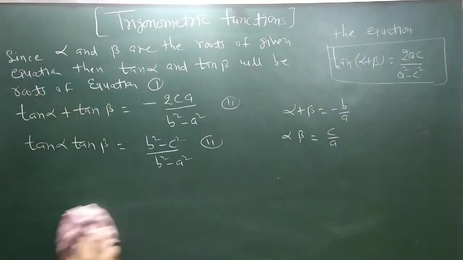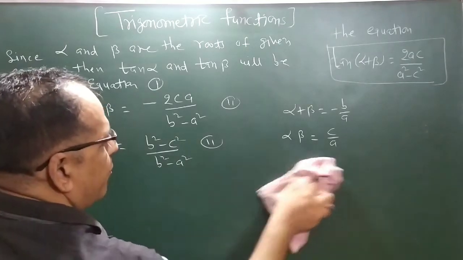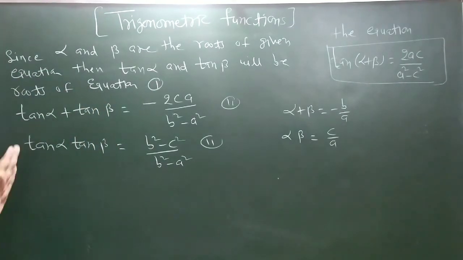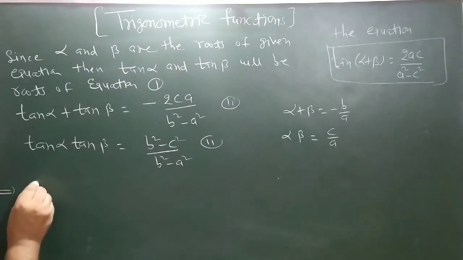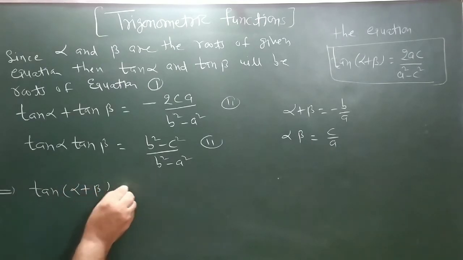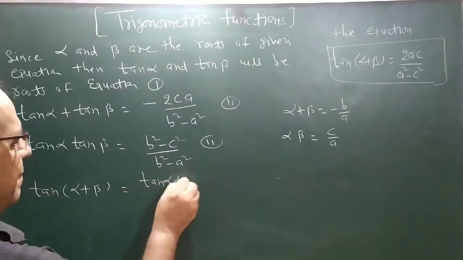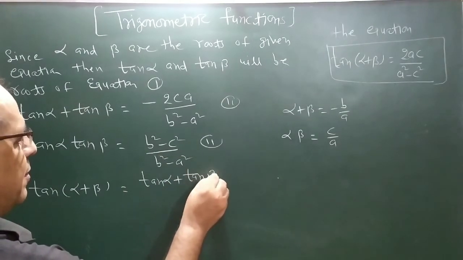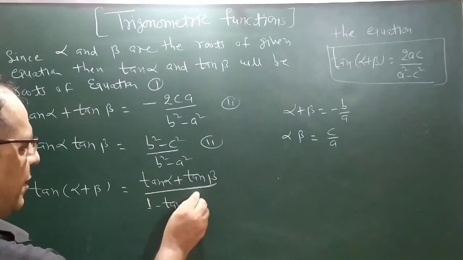We want to find the value of tan alpha plus beta, and now we have two most important relations between tan alpha plus tan beta and tan alpha into tan beta. So now tan alpha plus beta equal to tan alpha plus tan beta upon 1 minus tan alpha into tan beta.